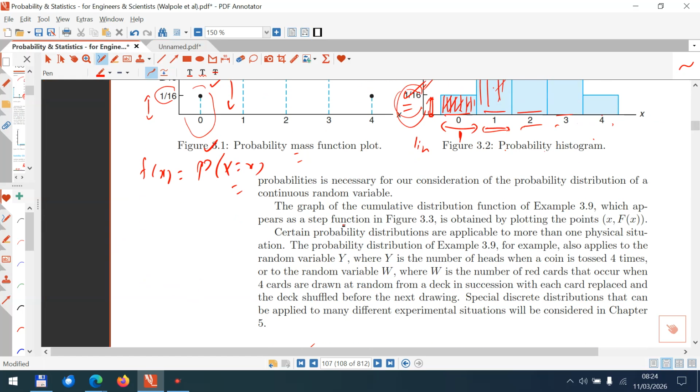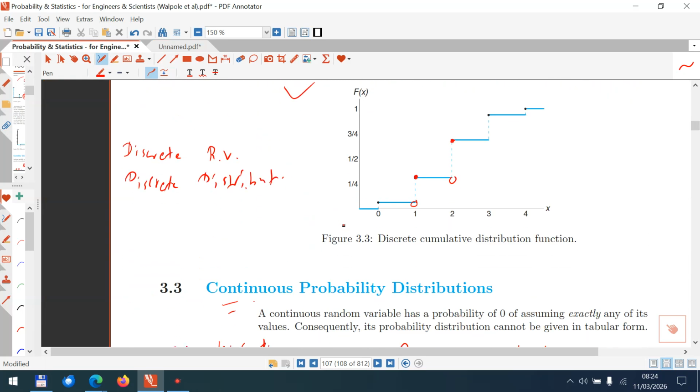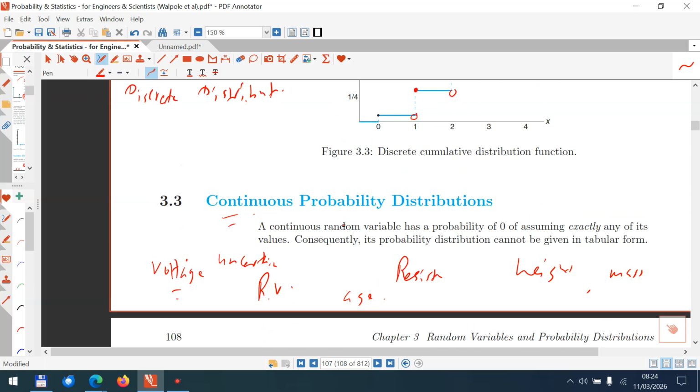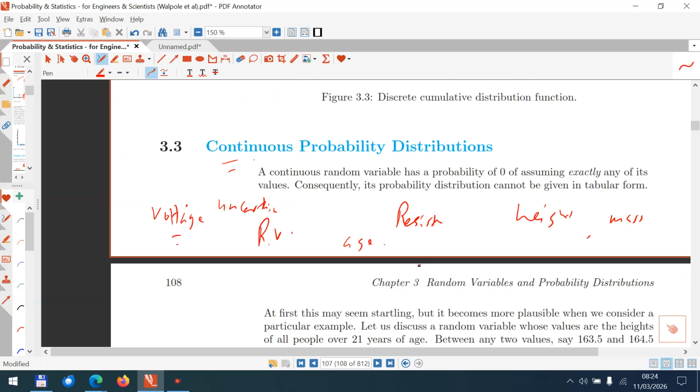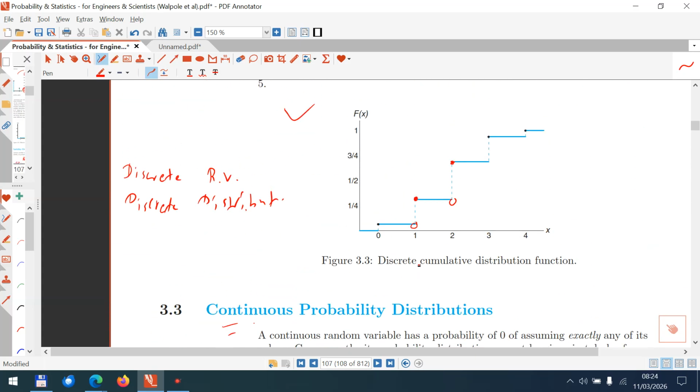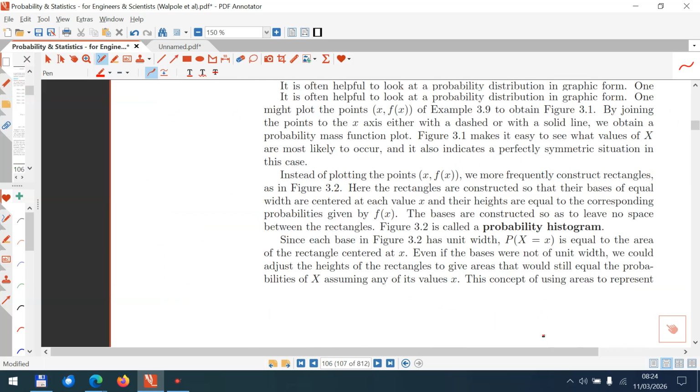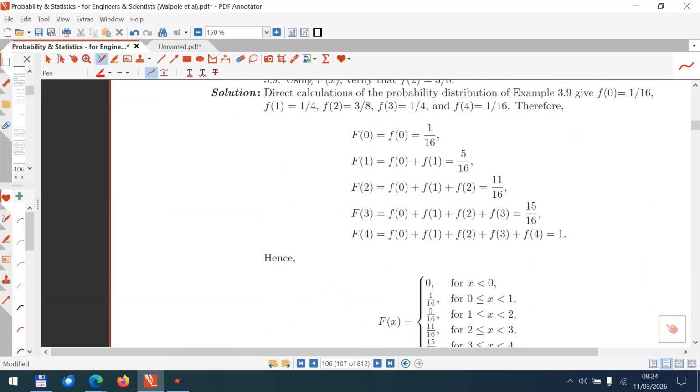So everything now changes. The meaning of small f changes, it becomes a density, right? And instead of adding all these, just like adding these things, what should we do now instead of addition?